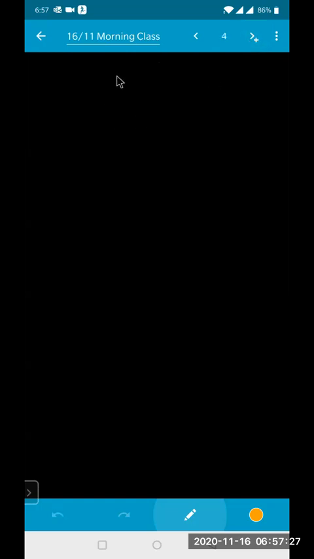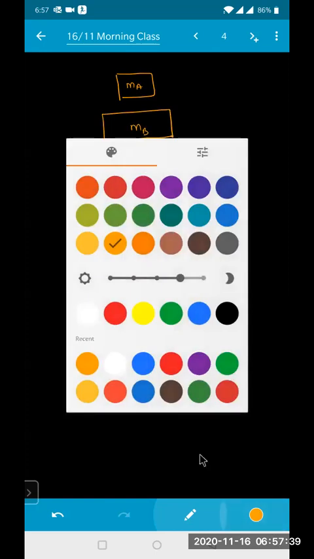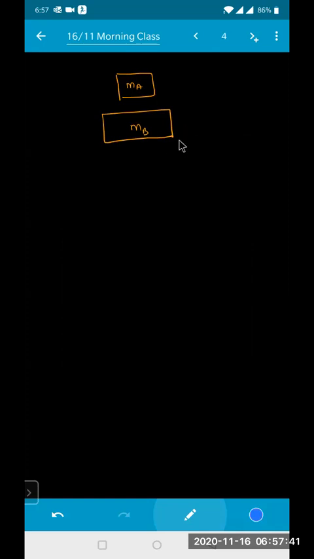So let us try to make an FBD for this one. This is your mA and below it is mB. Now the force acting on this one is capital F, and because of that, a friction is developed here, that is f.